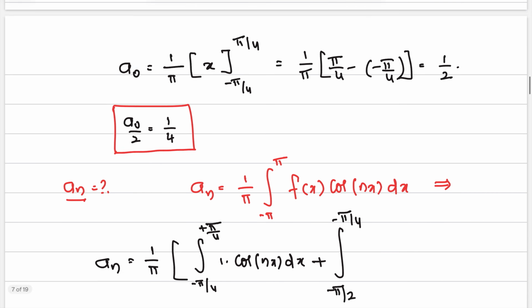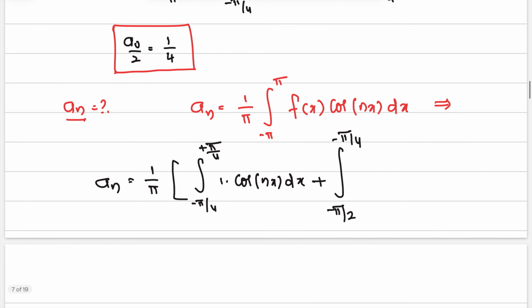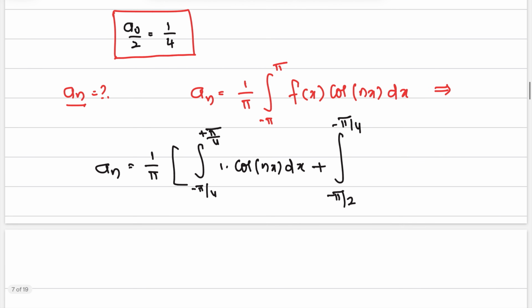This will be the integral of cot x into cos nx dx.